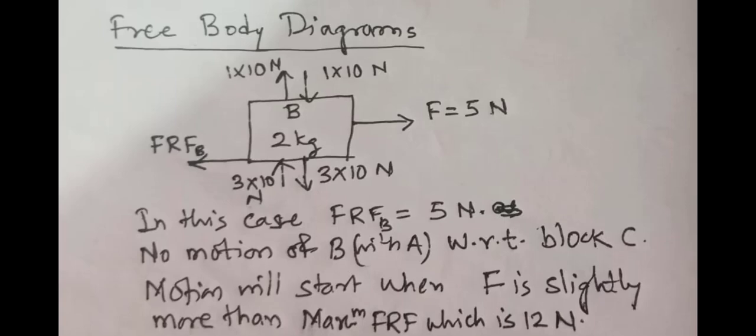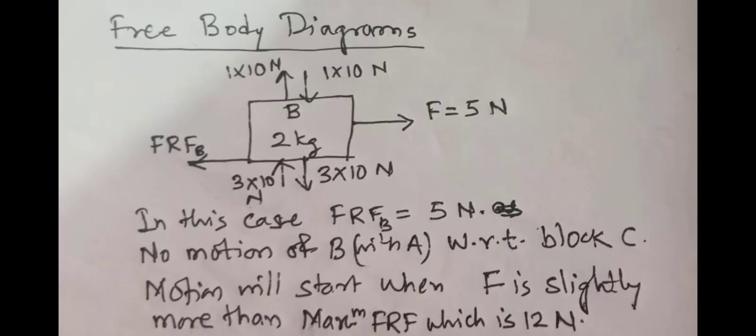As long as this 5 Newton force F does not exceed the maximum force which will resist, which is 12 Newton, there will be no movement in the forward direction.